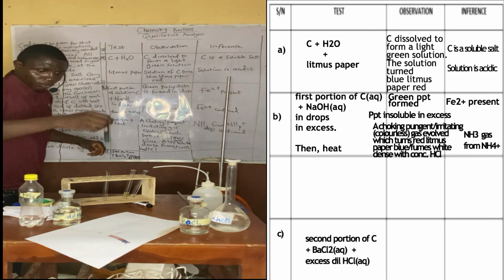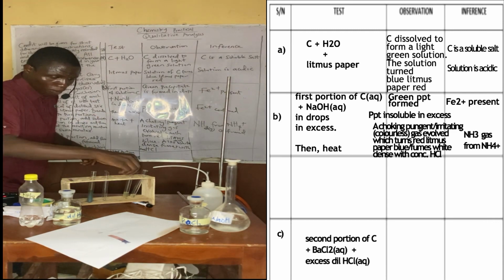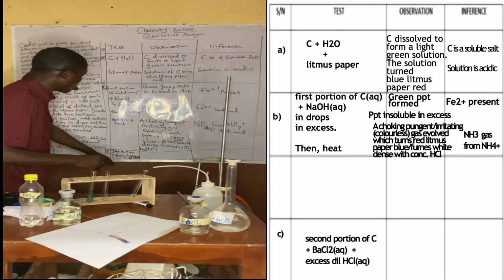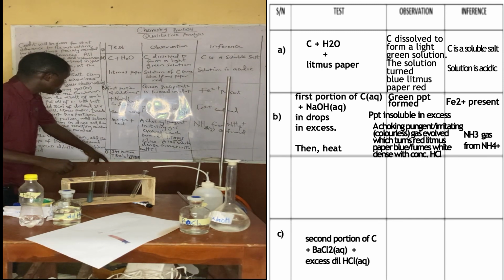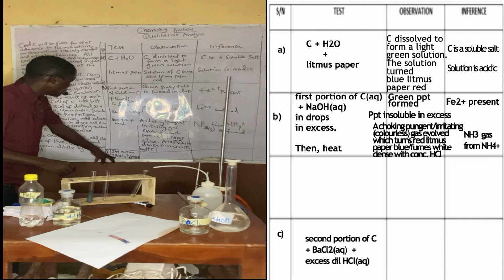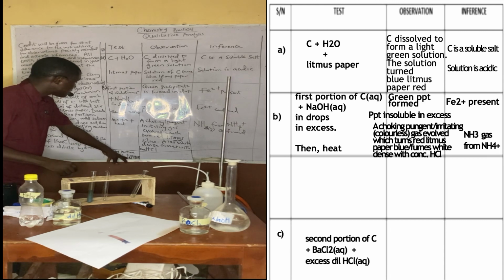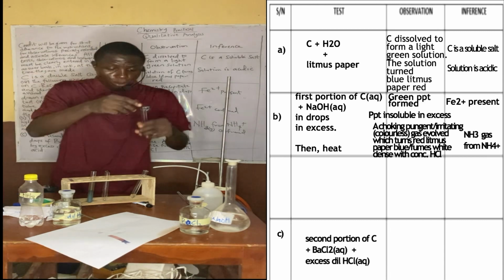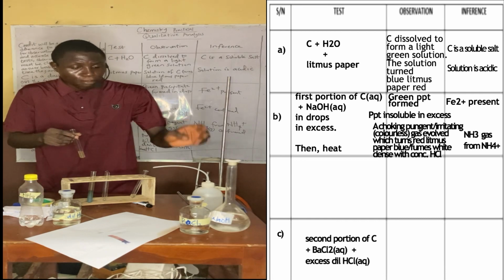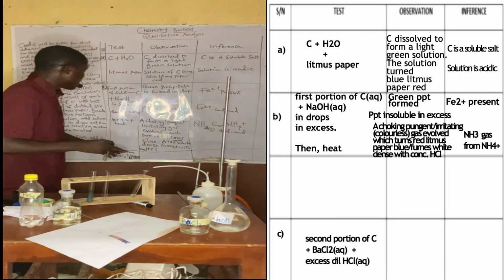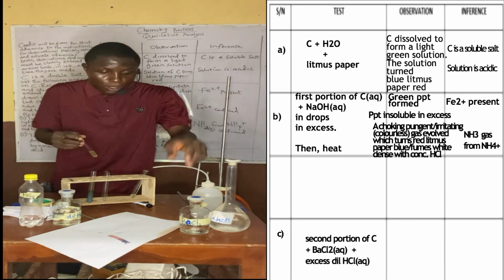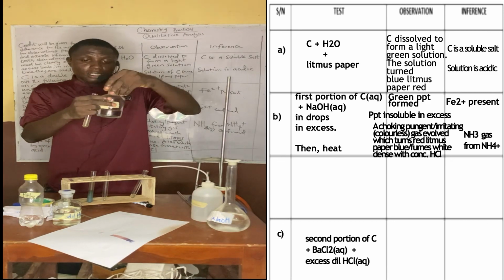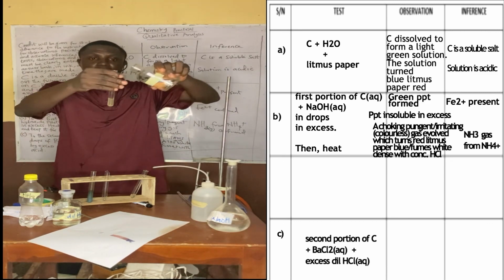Now, let's consider that second portion. The second portion of barium chloride plus excess dilute HCl.